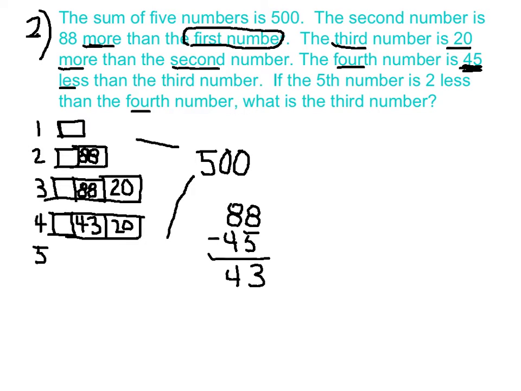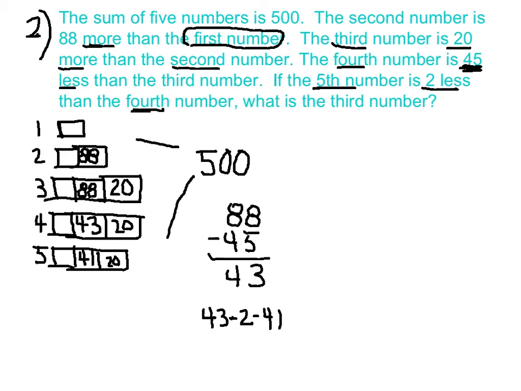And then it says the fifth number is 2 less than the fourth. So I'm going to take 2 less than that 43, and of course that's 41. So I'll draw it with the same amount as number 1. Then we have our 41, and then of course there's the 20 also.